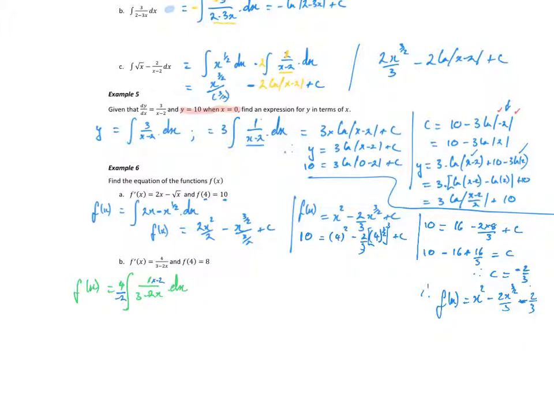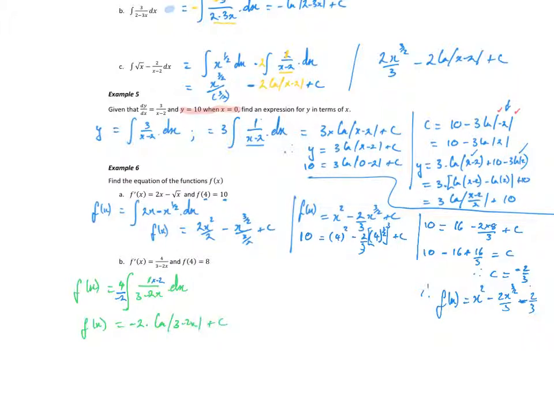All right, so that means I'm going to have f of x equals 4 over -2, -2 times natural log of 3 minus 2x plus some constant c.